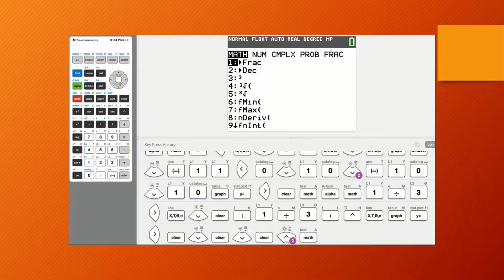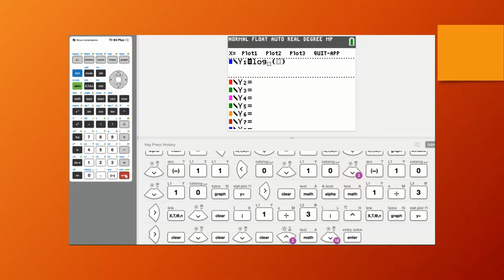And if I scroll down, I could hit second A. Option A is log base. So I'm going to hit enter here. And so here I've got log, and I fill in the little box, 2 of x. And that's going to graph my log.